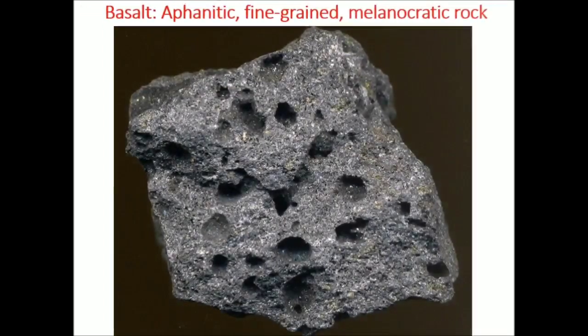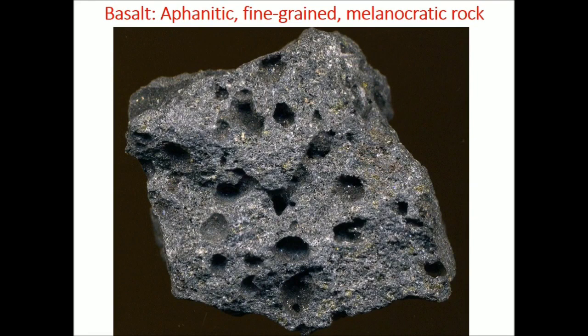Next, andesite. The vesicular basalt is red, the spots are red, and the holes are basically vesicles. This is an example of andesite, and you cannot differentiate much.